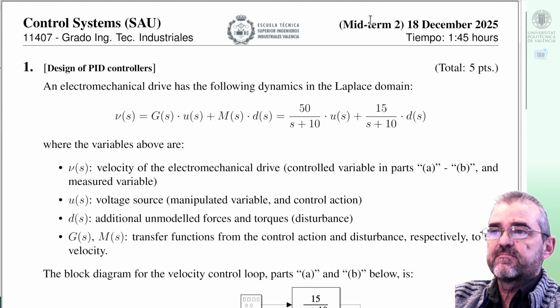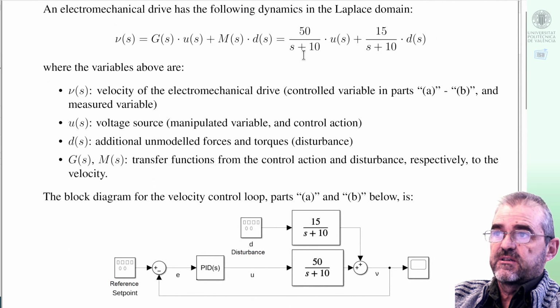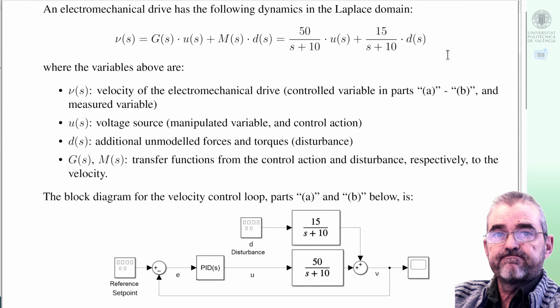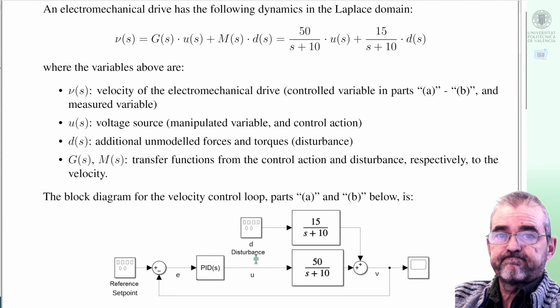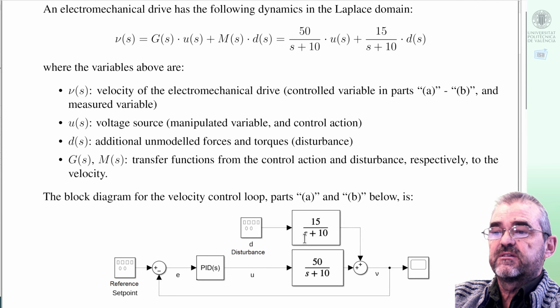The problem statement is actually divided into sub-problems. The first one discusses some electromechanical drive transfer functions, with the block diagram we have here below, in which we are doing speed control, a velocity control loop.